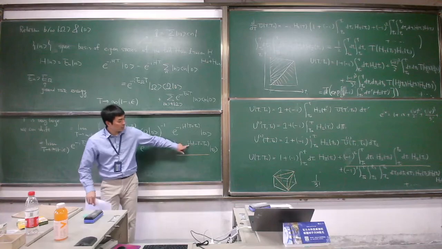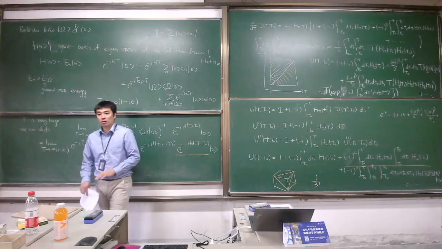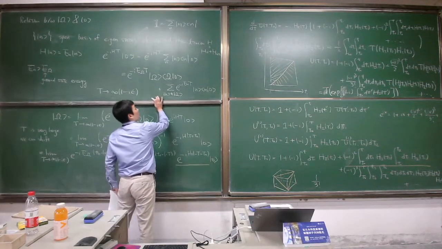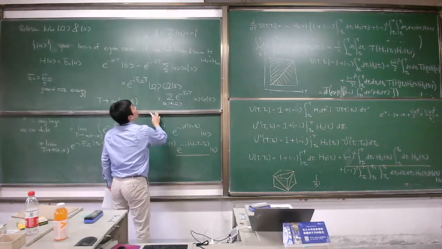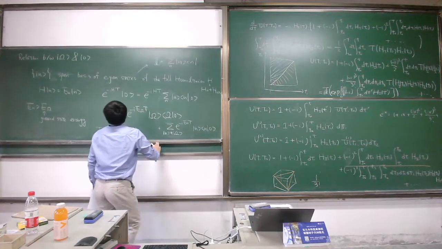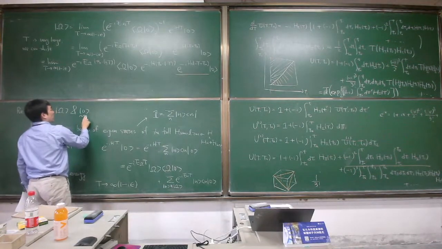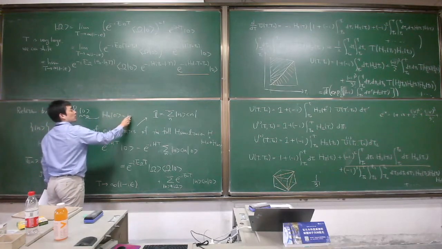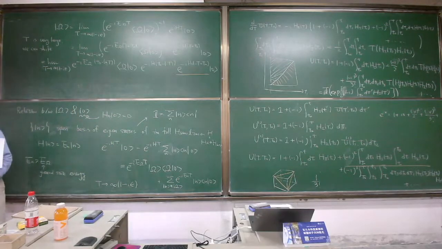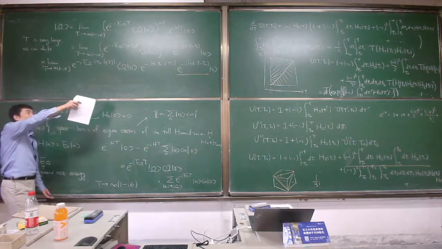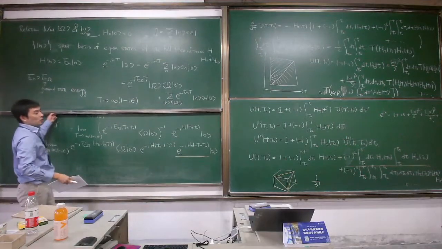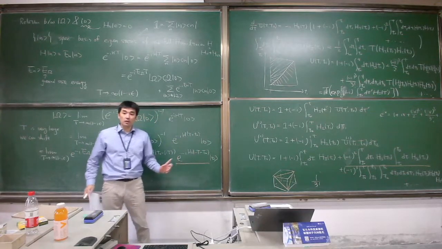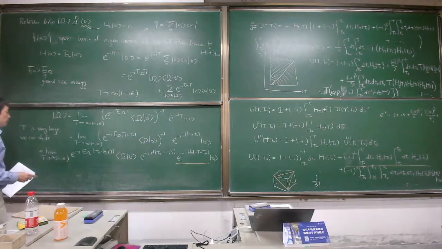We already knew that H naught acts on |0> and you get 0, because it's the free theory. So this is the vacuum of the free theory. H naught acting on |0> is just 0, that's the definition. Therefore, even if you insert this term, it's okay because it's just 1. And then we just manipulate.